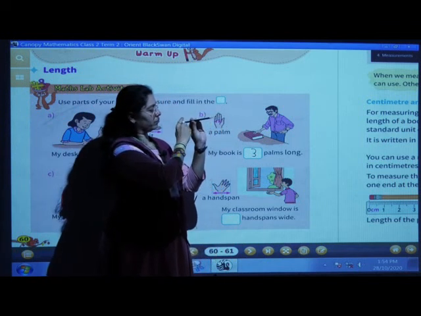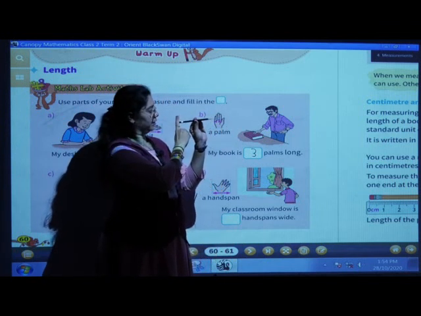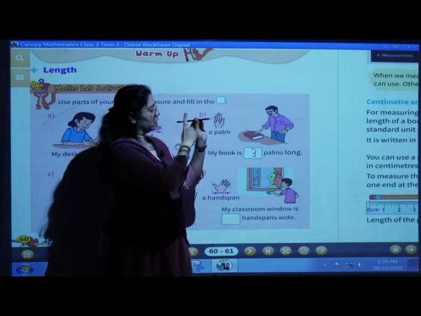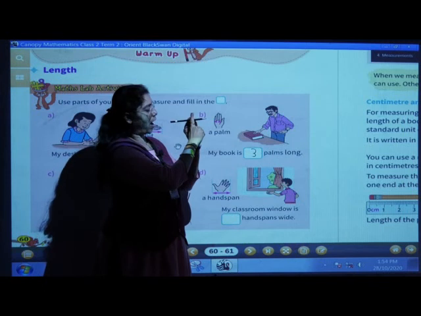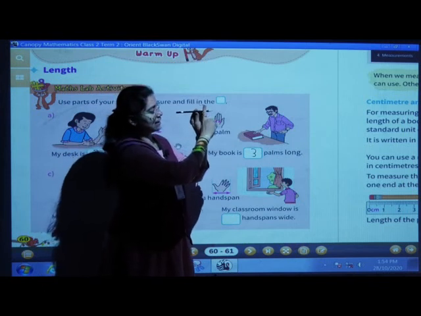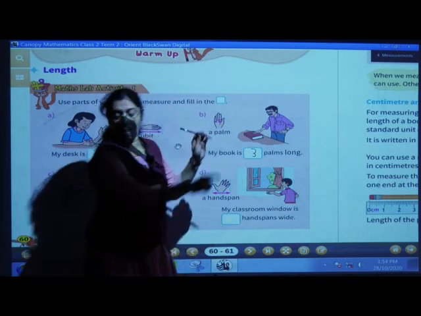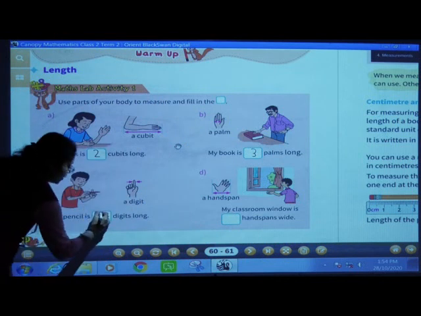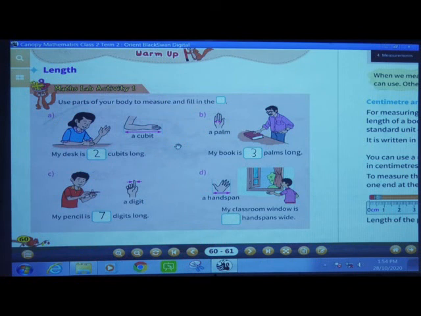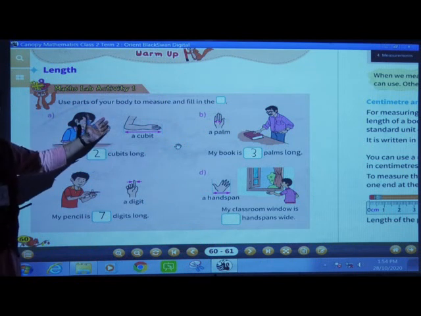See, 1, 2, 3, 4, 5, 6, 7. My pencil is 7 digits long. You have to do this activity with me.